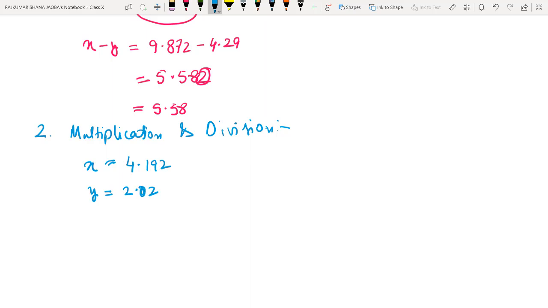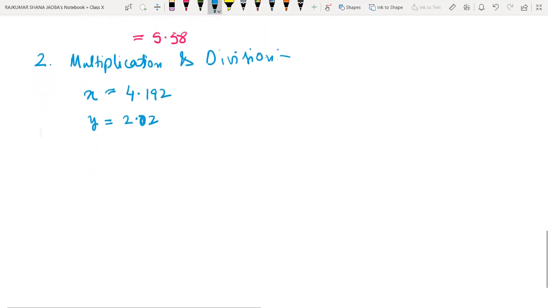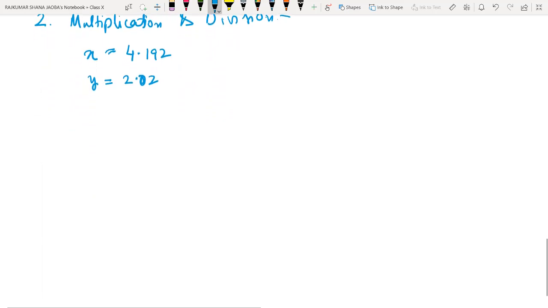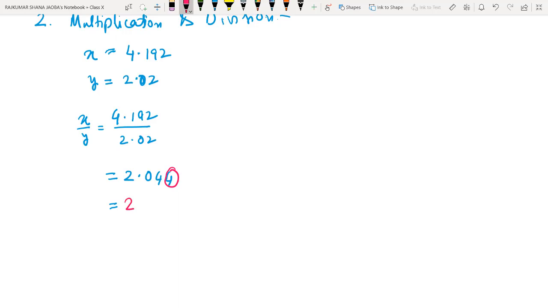So we know that x has 4 significant figures, y has 3 significant figures. Now x divided by y: 4.192 divided by 2.02 gives 2.044. Then rounding off, the last 4 is dropped. Finally we can write 2.04.